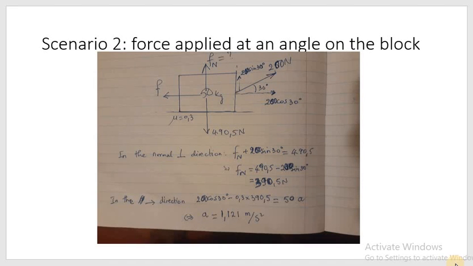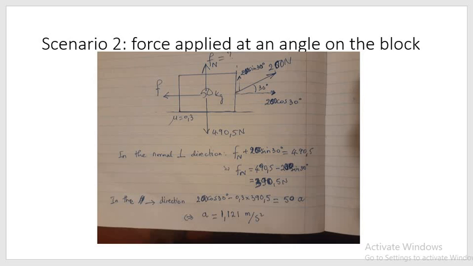If you consider a second scenario where this time the object is still resting on the horizontal surface, but the applied force to move the object is lifted upward at an angle of 30 degrees from the horizontal.